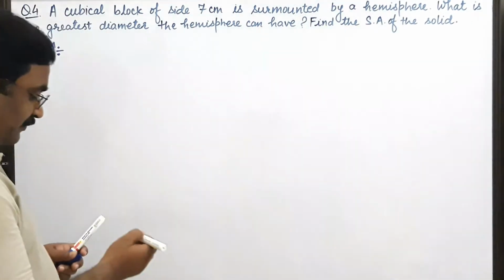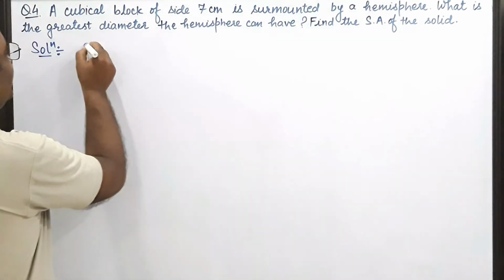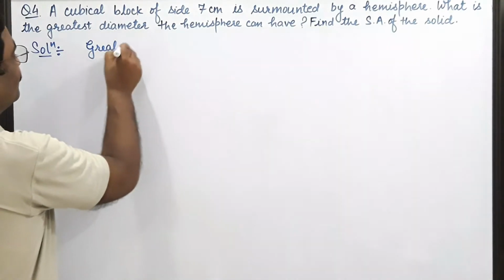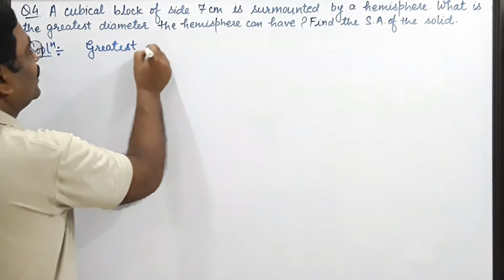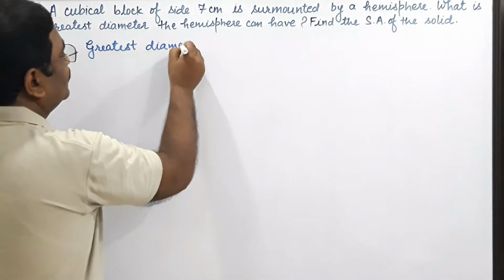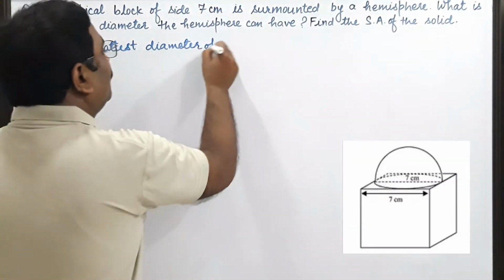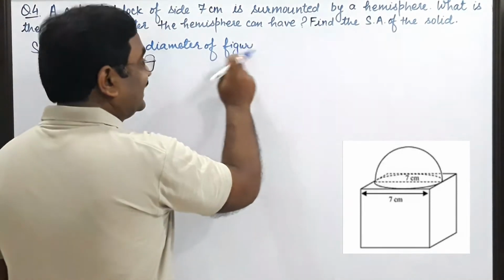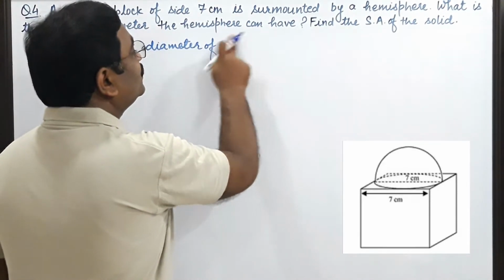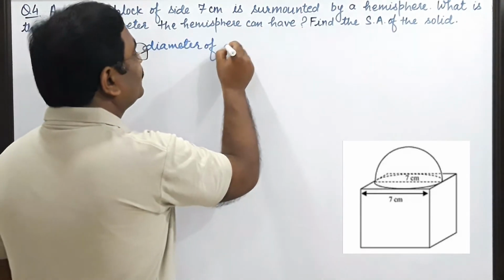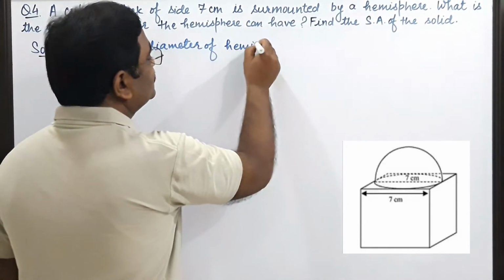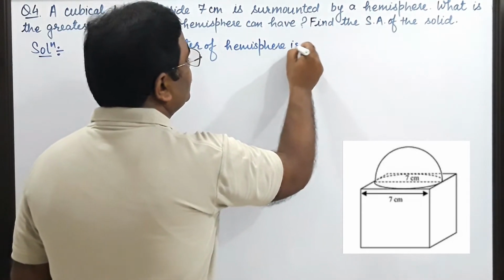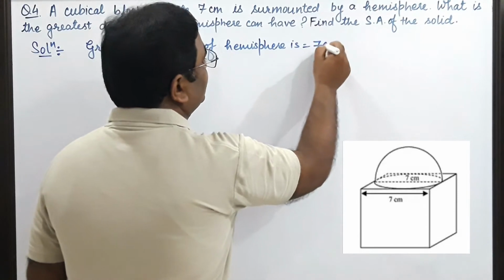From the figure we observe that the greatest diameter of the hemisphere is 7 centimeter.